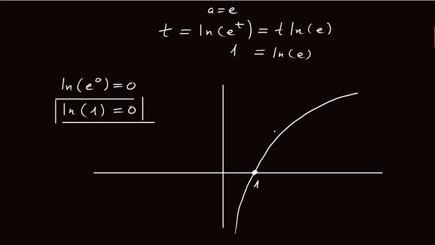Okay, it's concave down, and it's always increasing. So the graph looks like this. Notice there's no graph over here because the natural logarithm only accepts positive numbers. You can't put a negative number into a natural logarithm or any logarithm. Okay, this has been an introduction to the natural logarithm.